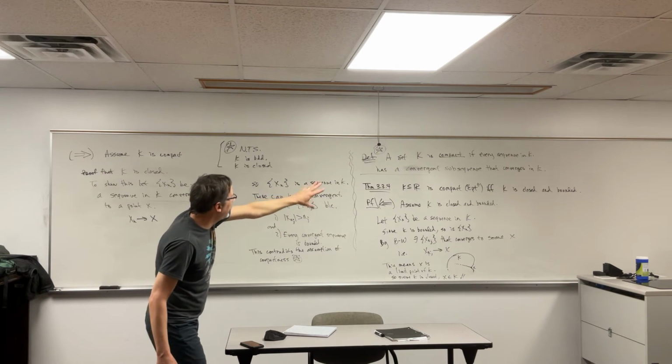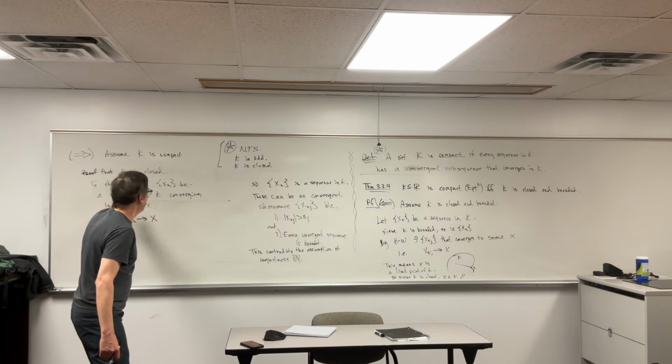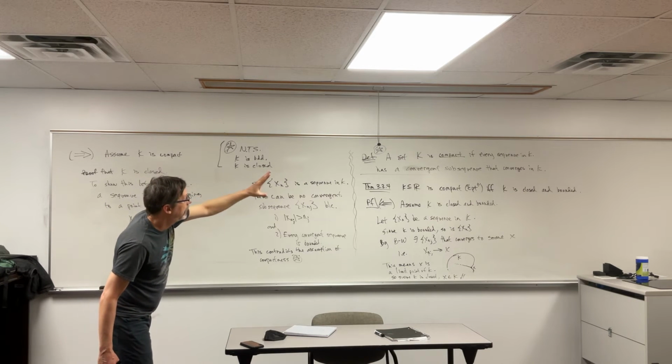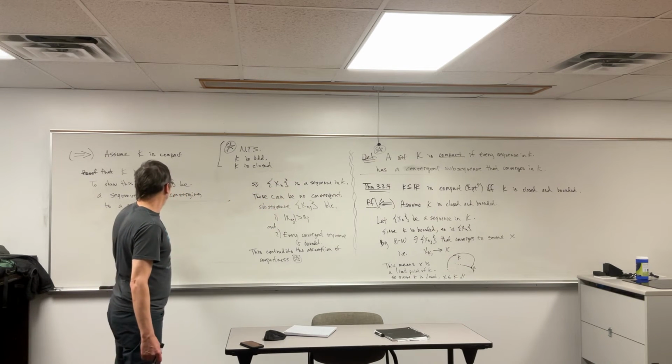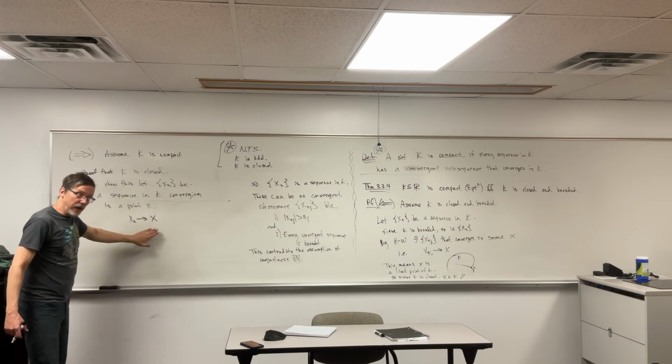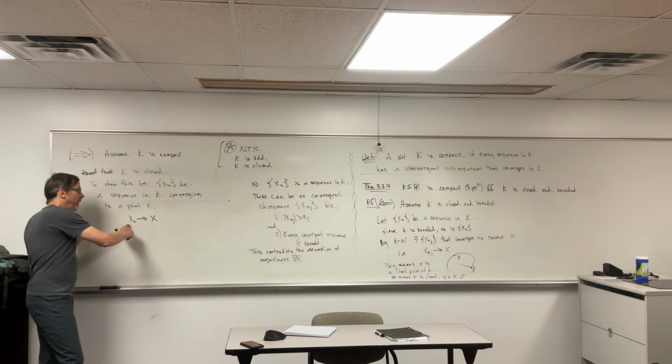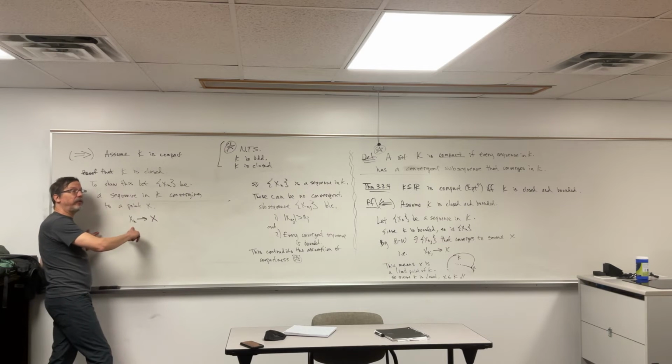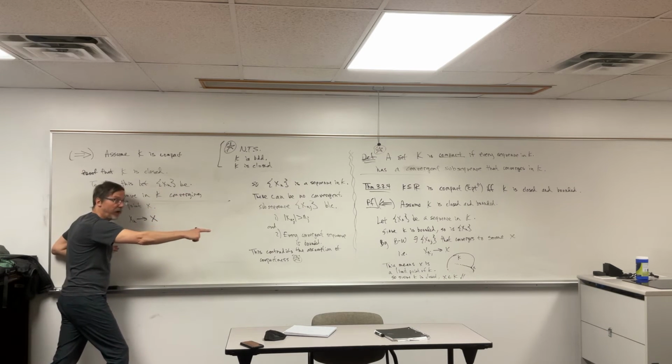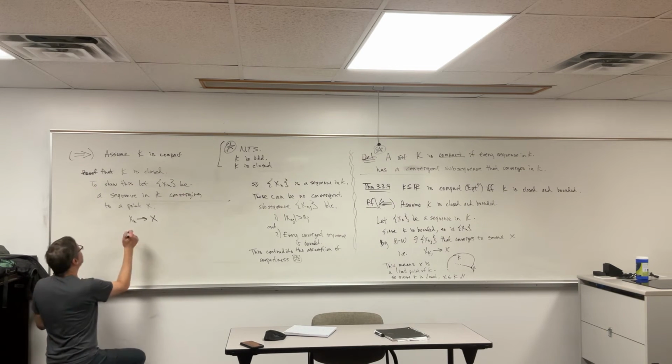So I've got the sequence in K. I know it converges to X, but from compactness, I know it has a subsequence that converges to a thing in K as well. So let's write that out.